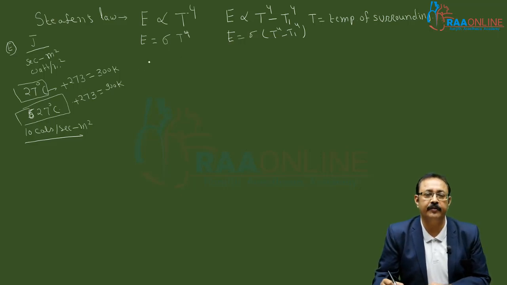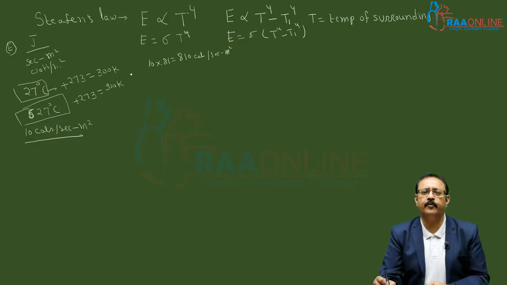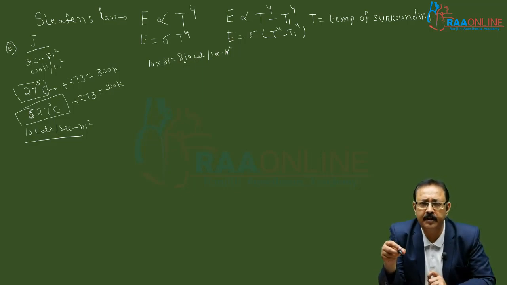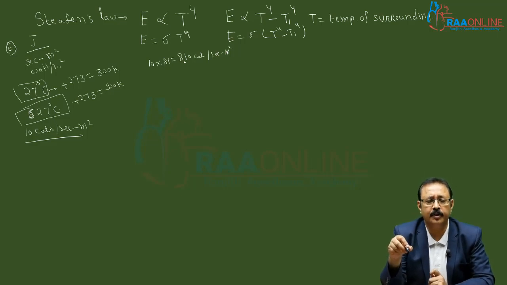If initially it was 10, now it should be 10 into 81, which is 810 calories per second per square meter. So this type of question they can ask in exams. They are not time consuming. If you know the fact, you can solve them orally within time. So you have to learn Stefan's law.